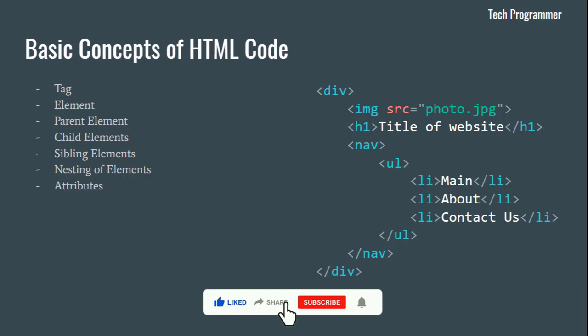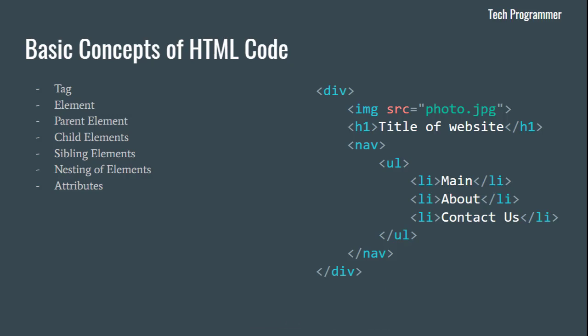For example, in this case, it's displaying an image file with the name photo.jpg. If you want to display different file, you just have to replace this file name with the file name you want to display. So, in a way, it allows us to customize the same image tag to display different images. Again, these are called attributes, and we will discuss about them as we go along with our lessons.